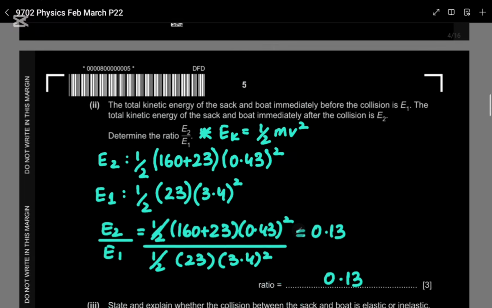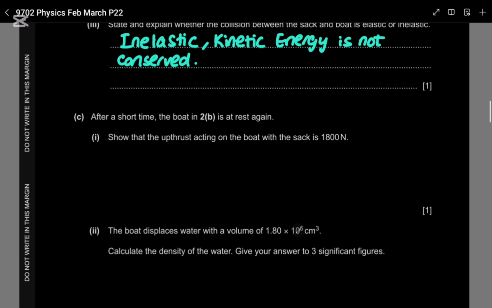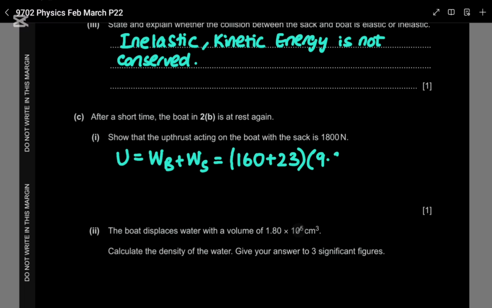So simply from there we can find that the upthrust U is equal to the weight of boat plus weight of sac, which will be equal to the mass of the boat plus mass of the sac into g, which is 9.81.